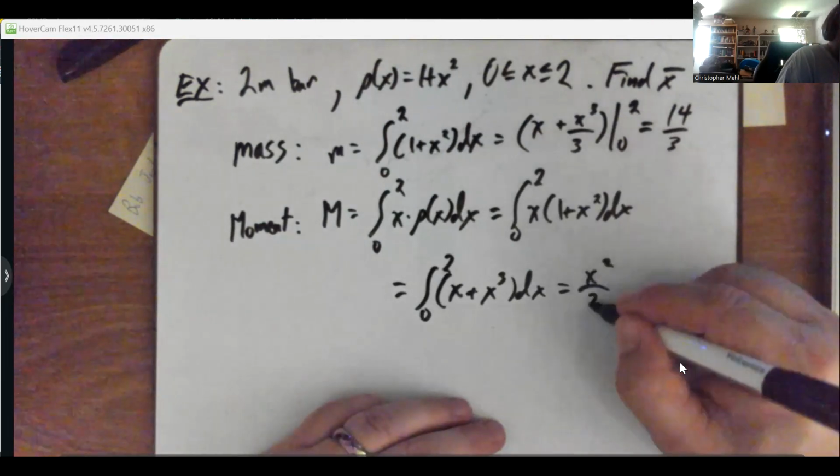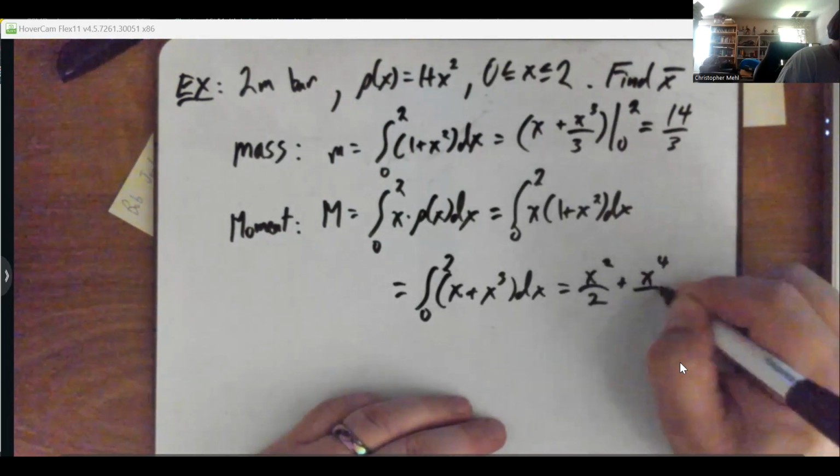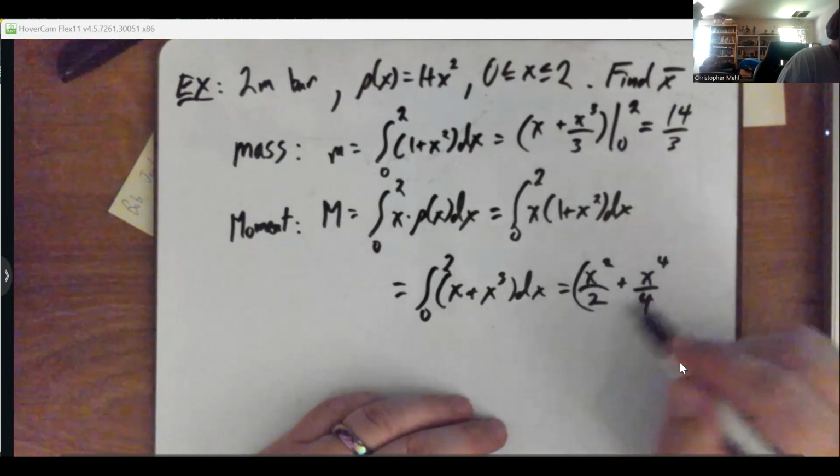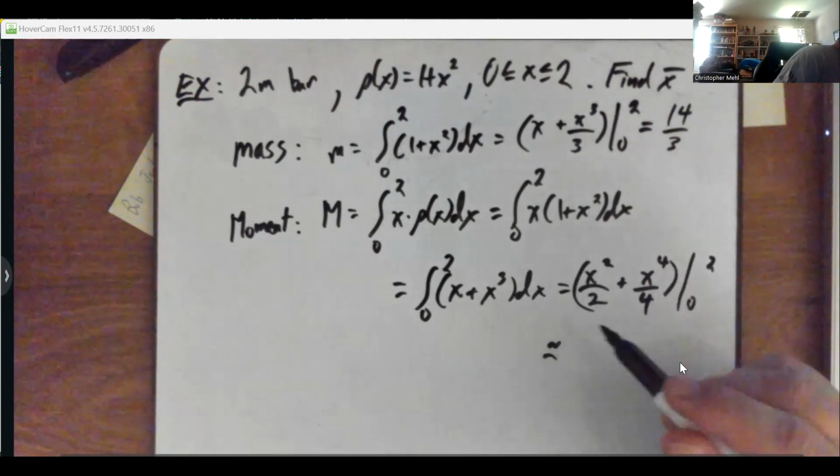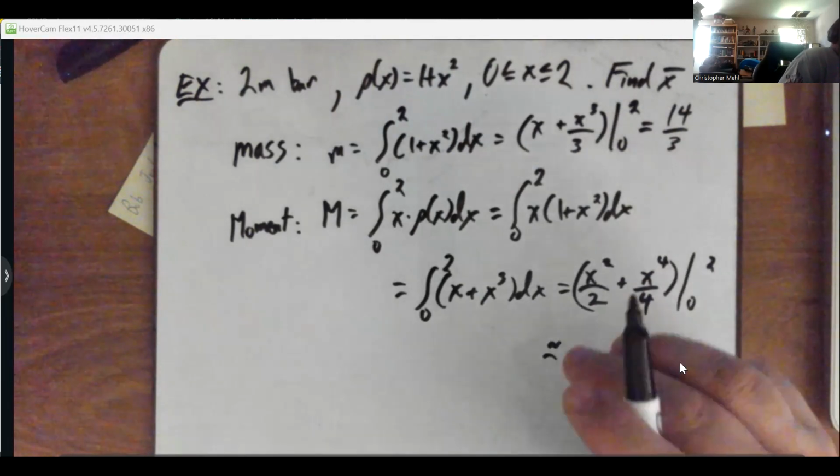So x squared over 2 plus x to the fourth over 4, evaluated from 0 to 2, and that works out to be 6.